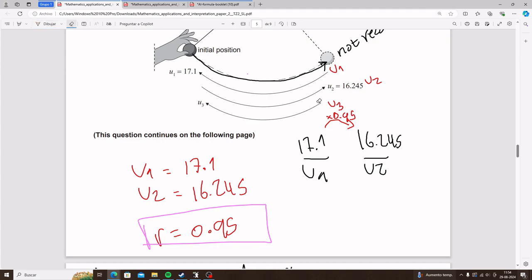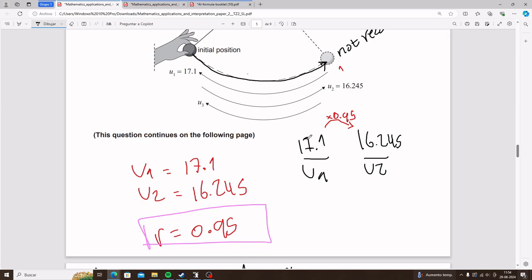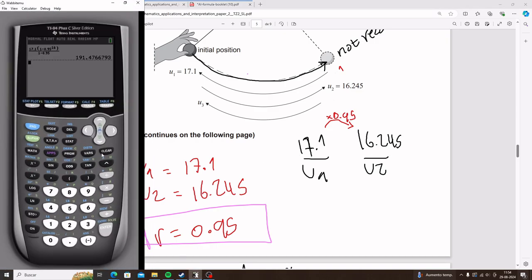And you can actually double check this. Okay, so let me make a little bit of space. Technically, this is your U1. U1 is 17.1. U2 is 16.245. And you know that U1 times your R has to give you U2. And you can actually check that.